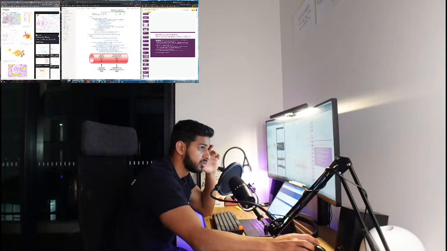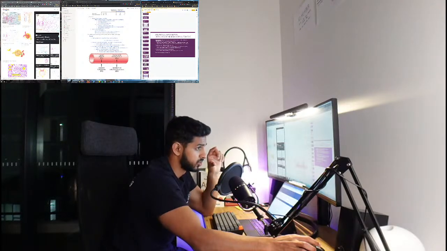It thickens and shows a tram track appearance. It's thickened, shows a tram track.